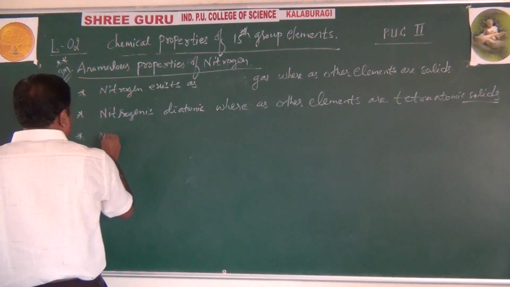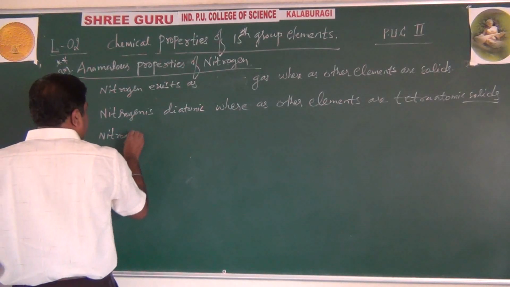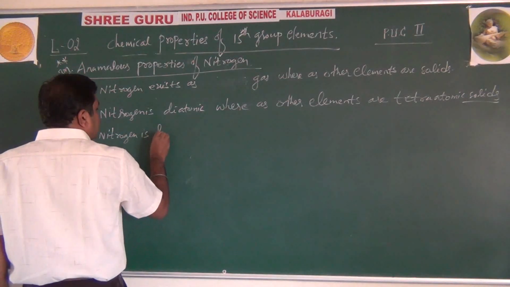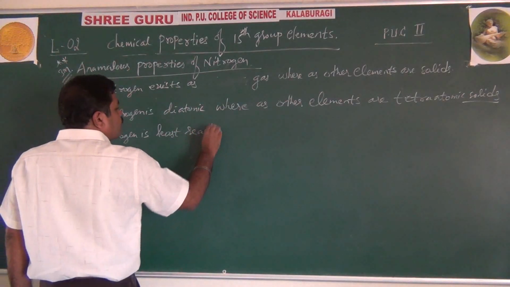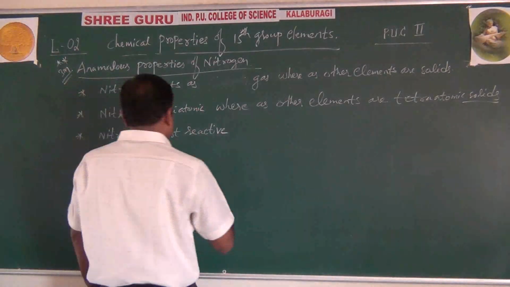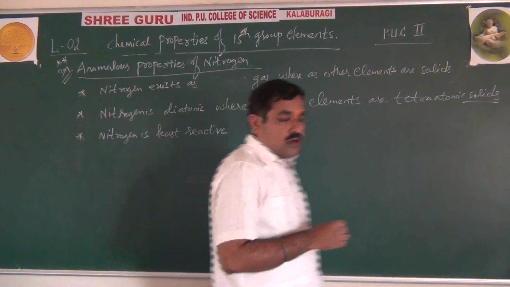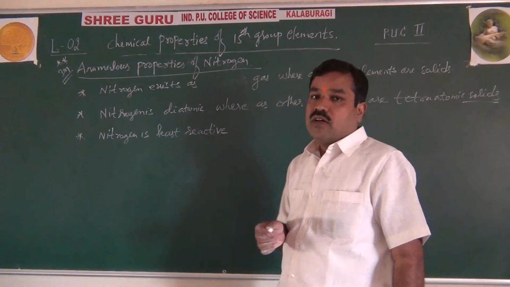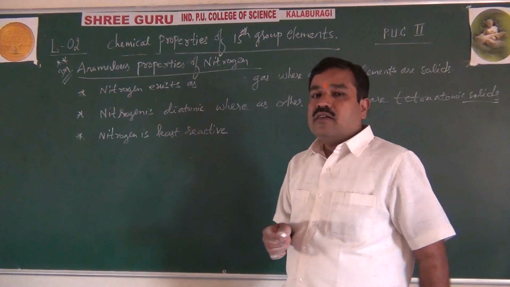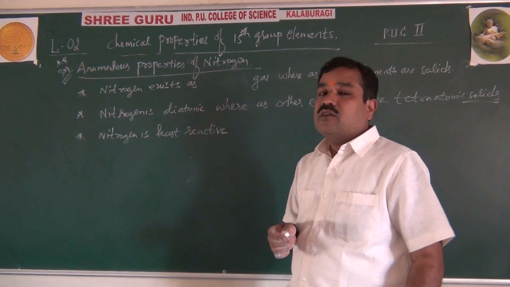Next, nitrogen is least reactive. Why? I told you already, because of high bond energy. It has the capacity to form a triple bond, and to break those bonds we need 946 kilojoules of energy.